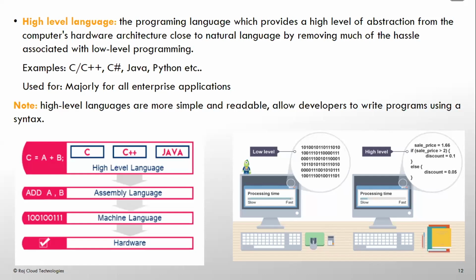You can see the curriculum even for school kids. They will be learning C, C++, Python, Java, all that. That means the high-level programming languages are pretty easy for us to understand.